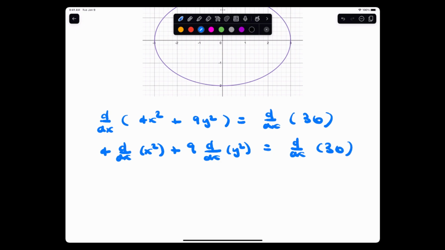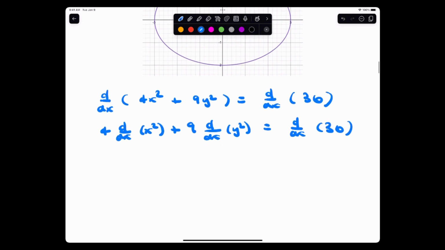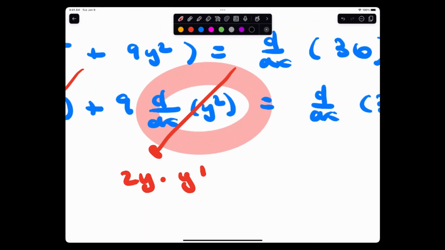Using our operator notation. What do you guys get to do now with all this stuff? Differentiate x squared. Isn't that 2x? What's the derivative of y squared? 2y times y prime. Why? What did you guys use here? Chain rule.